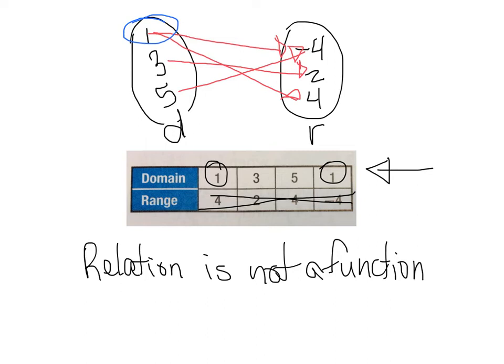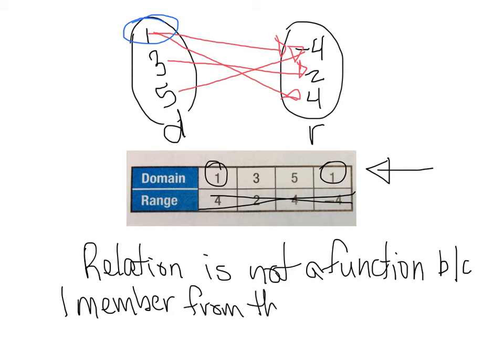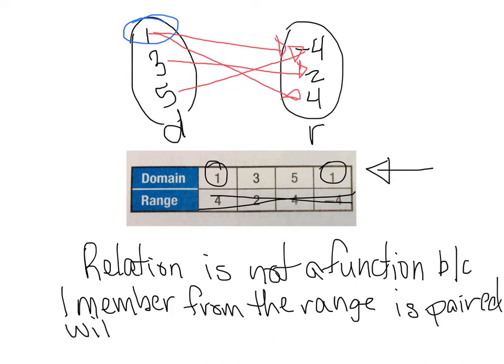You want to say something more like, let's put a "because" in here, because 1 member of the range is paired with two members of the range.